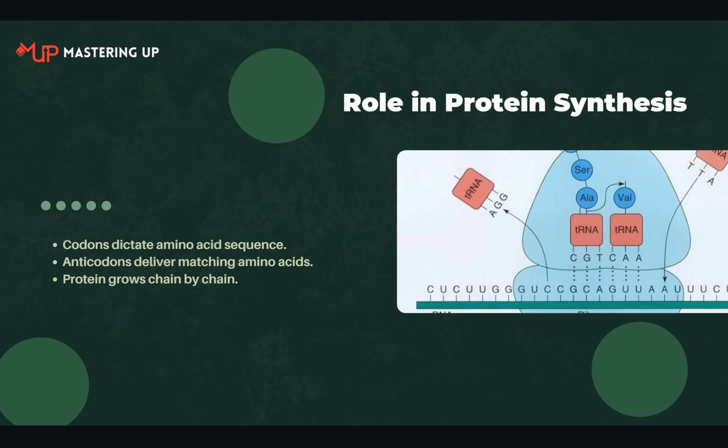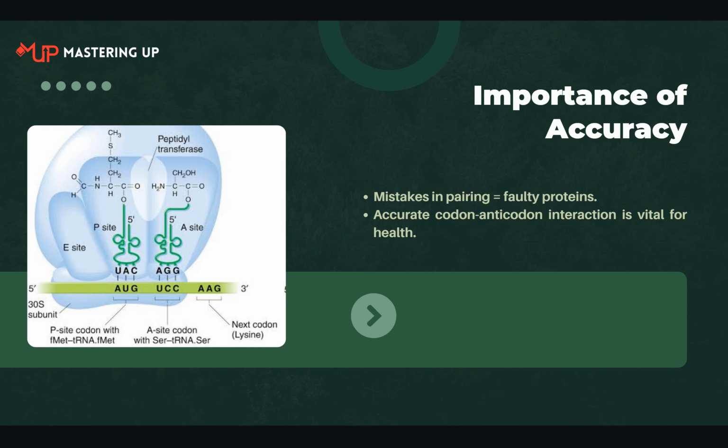So what is the importance of accuracy? Accuracy in codon-anticodon pairing is very critical. If a tRNA brings the wrong amino acid, the resulting protein may not function properly, or it may worsen the condition. In conditions like that, it can cause disease.